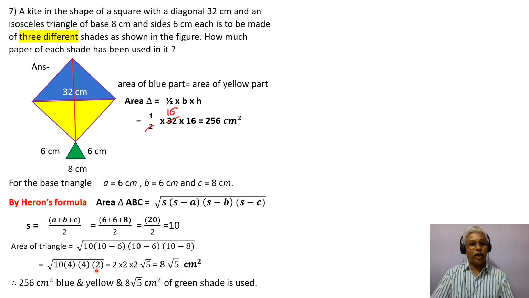This is 2, and 2 of this 20. So 2 into 2 into 2 root 5, that is 8 root 5 centimeters square. Okay, and then the final comment, therefore 256 centimeters square blue and yellow, and 8 root 5 centimeters square of green shade is used.